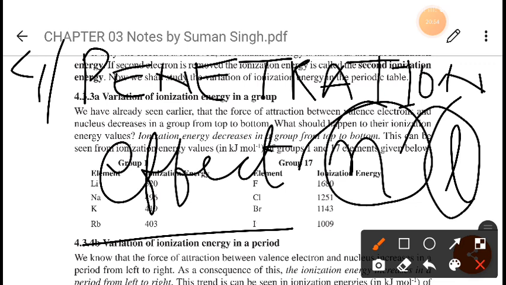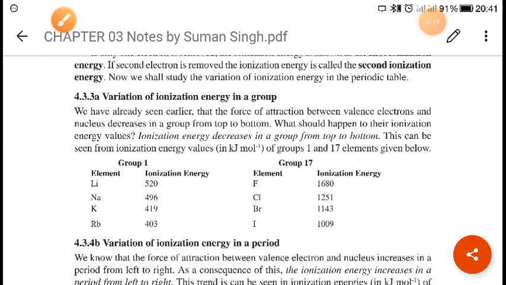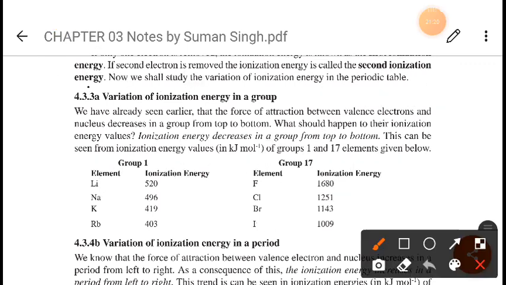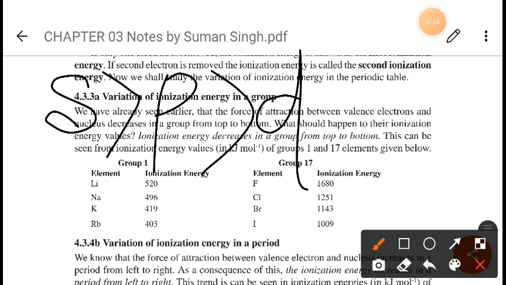Since the value of L decides the nature of the subshell, the probability of finding an electron near the nucleus follows the order s, then p, then d, and then f.